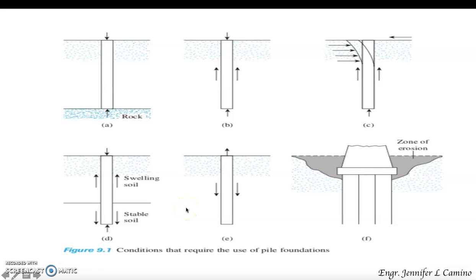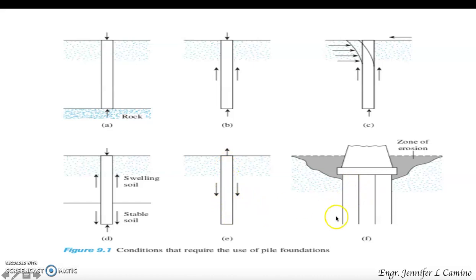So piles are sometimes used for this condition to resist uplifting forces. Retaining walls, for example, may be subjected to uplifting forces, so we use pile foundation to resist the uplifting forces.